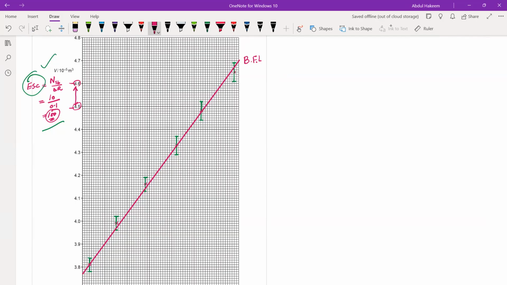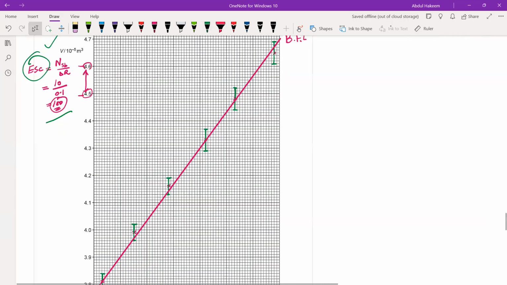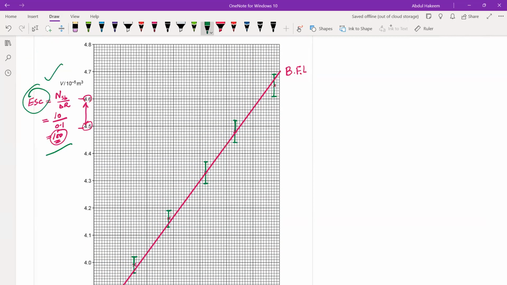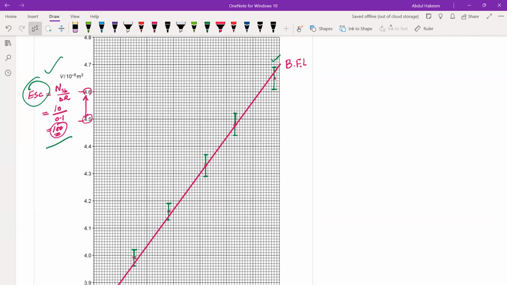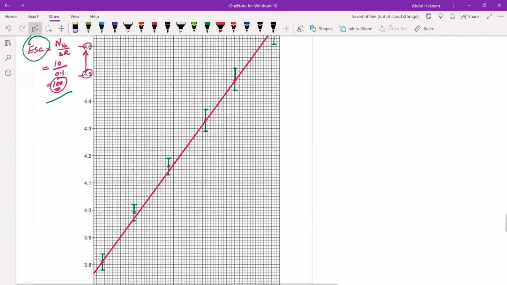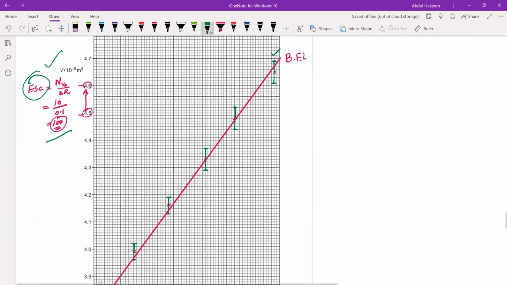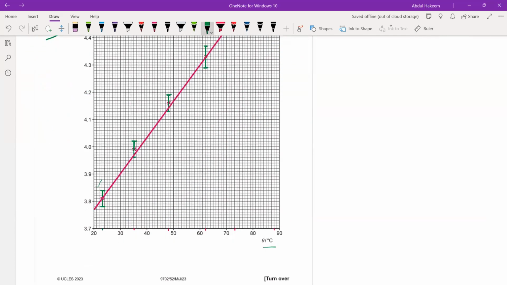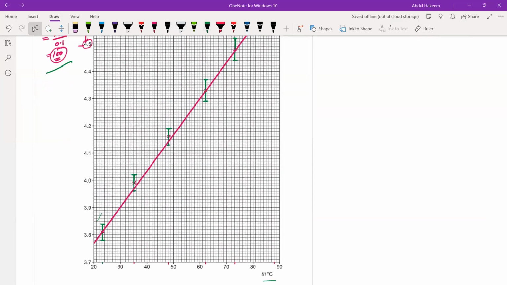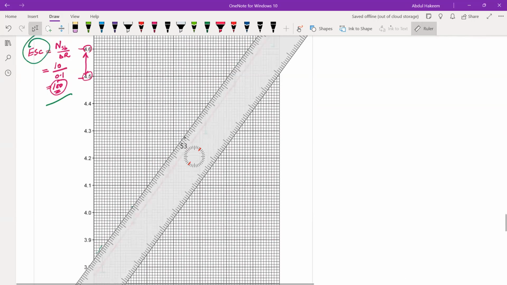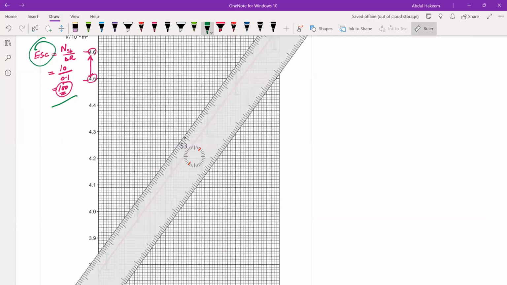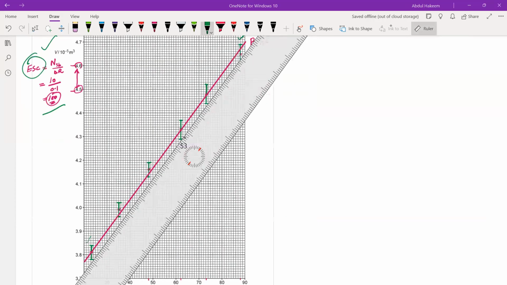Now you have to draw the worst acceptable line. So for the worst acceptable line, take 2 error bars, one at the bottom, the other at the top. Suppose this is the top one and the bottom one, yes. And then either join the top of the last error bar with the foot of the first, or vice versa. So suppose we take the top of the last bar and the bottom of the first bar.